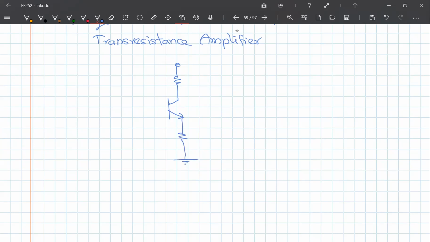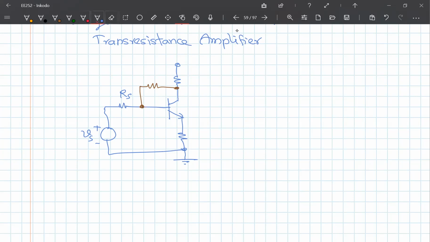You have something like this, and you connect a source again. In this case, I'm putting it as base, but remember, transresistance input is a current, right? So what I'm actually amplifying is the current. So it's a voltage source, and my feedback circuit basically is something like this.